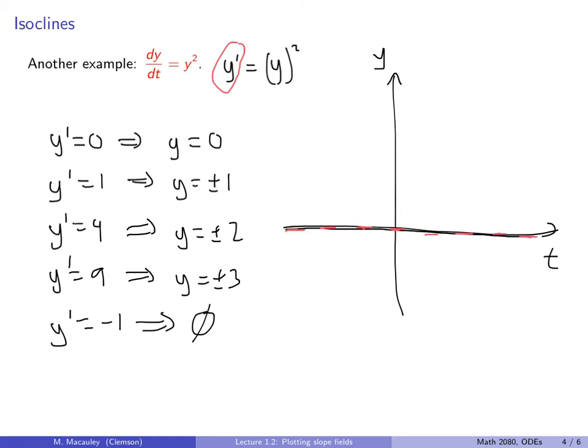Now when y prime equals 1, that happens along these curves, and y equals 1, that's just a horizontal line. So along right here and right here, our solutions have slope 1.